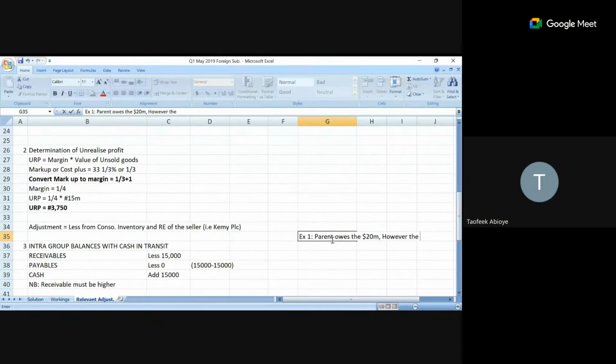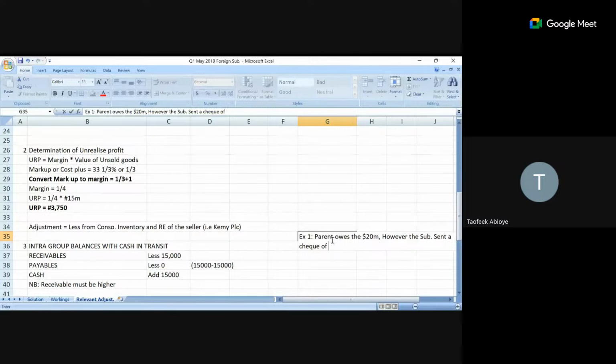However, the subsidiary sends a check of, let us not use 18, let's use 7 million.